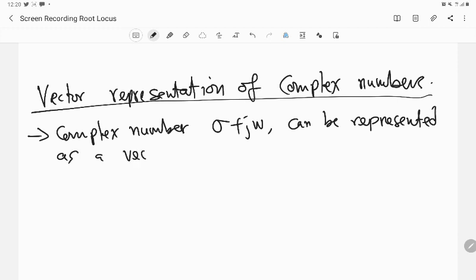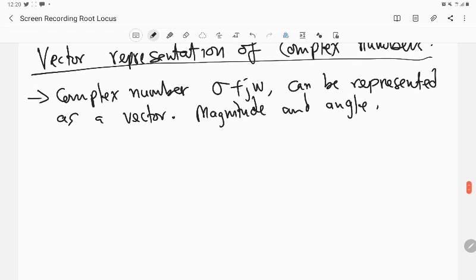So I'm sure you have studied this earlier in your algebra class. Okay, and this vector will have a magnitude and angle. Let's call the magnitude m, and then let's call the angle theta.